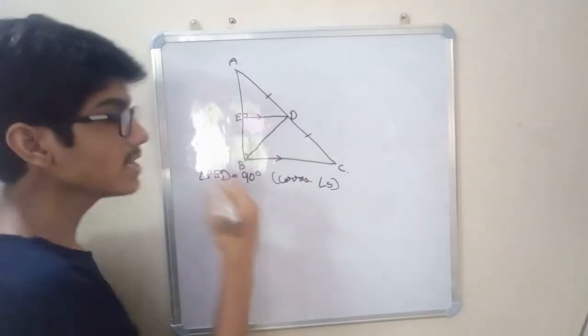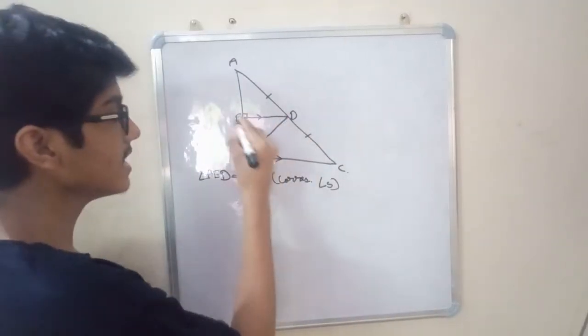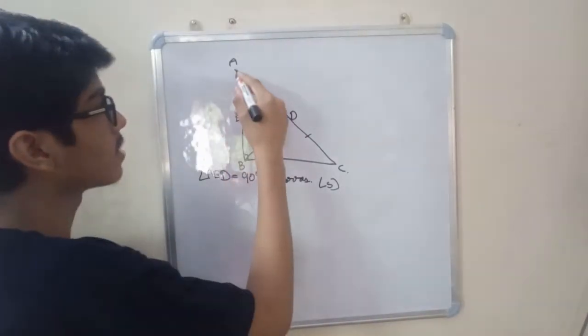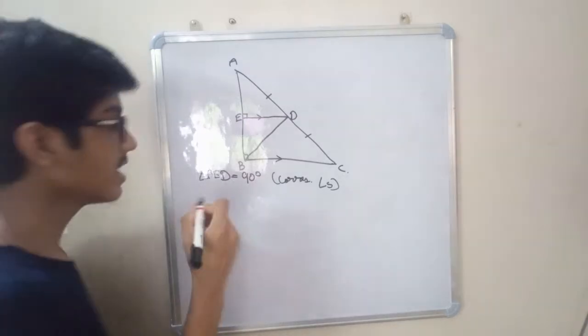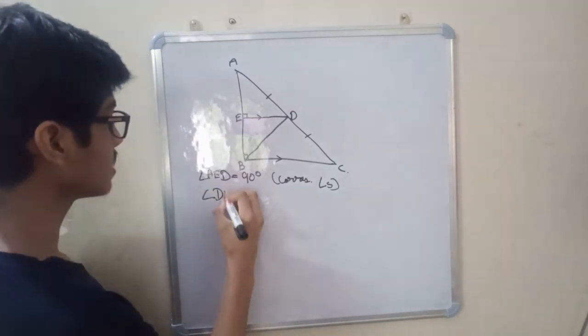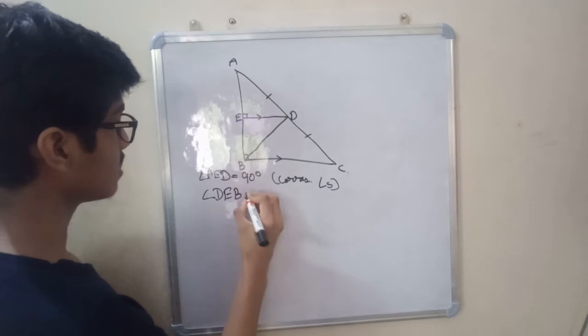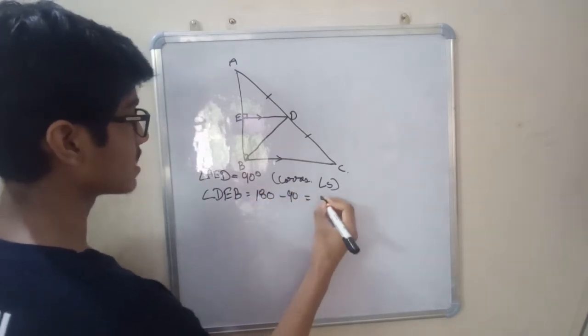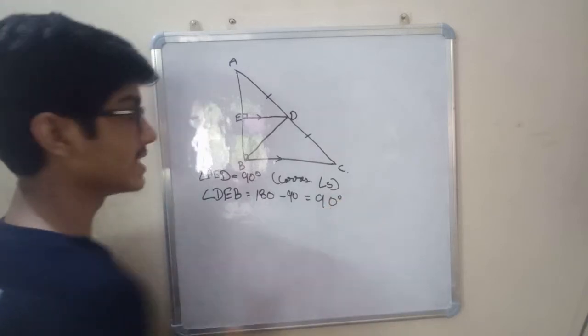Now as AB is a straight line, therefore angle DEB is going to be equal to 180 degrees minus angle AED. Therefore angle DEB is equal to 180 minus 90. That means it is also equal to 90 degrees.